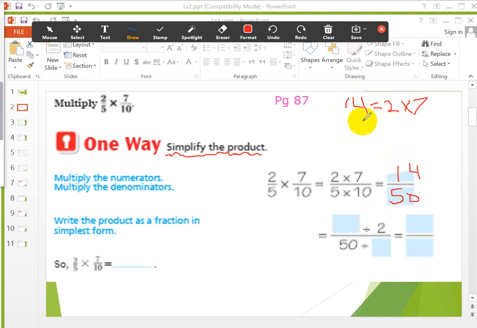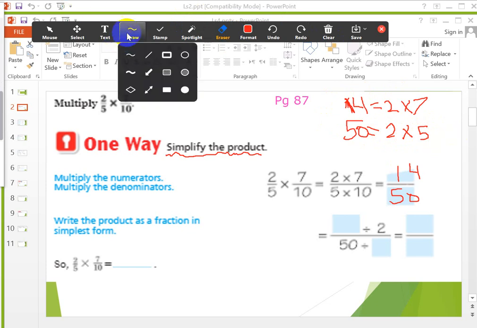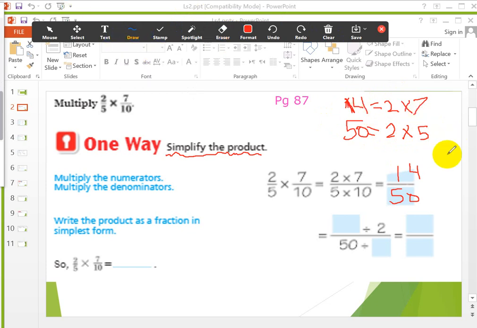The multiples for 50 are 2 multiply 5 multiply 5. So the greatest common factor for those numbers will be 2, right? Both 14 and 50 are able to divide by 2.